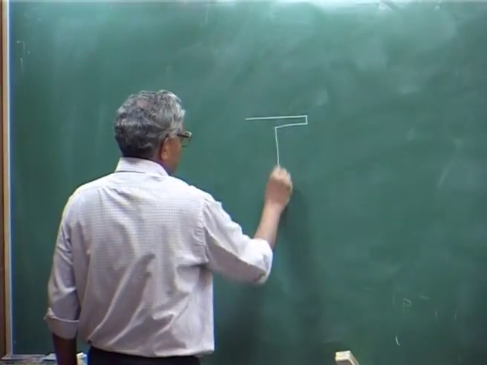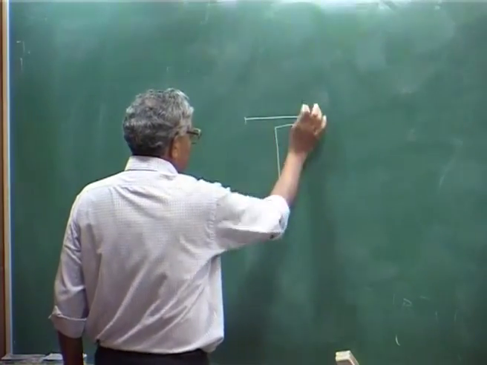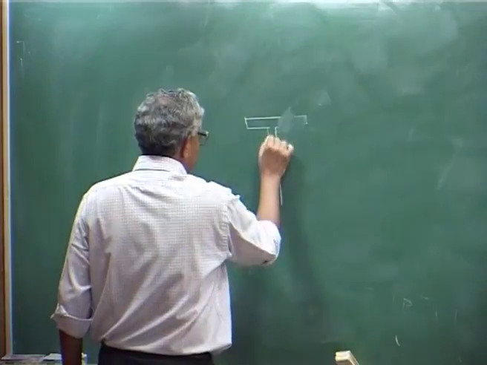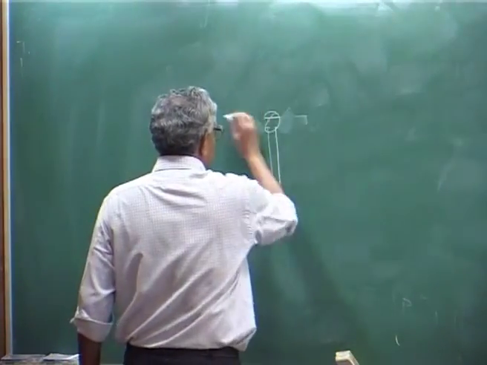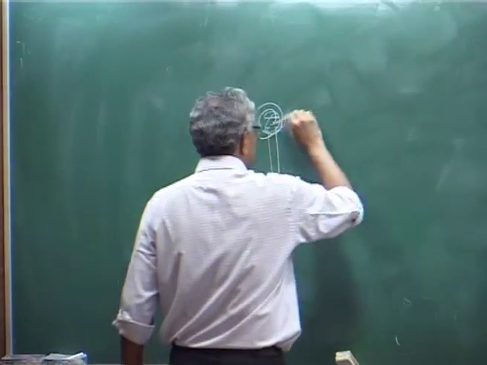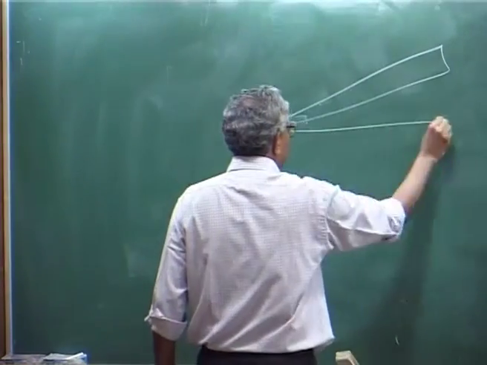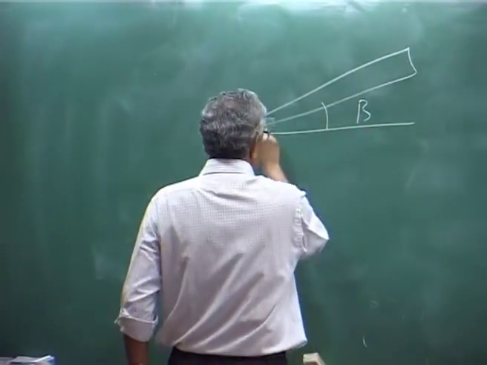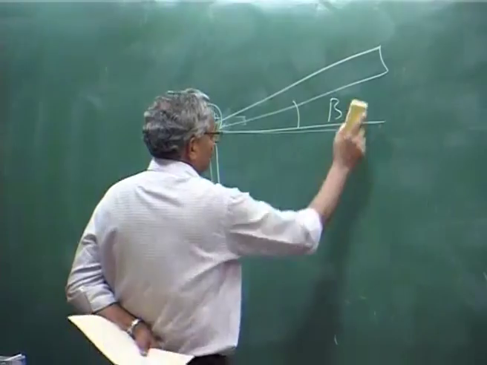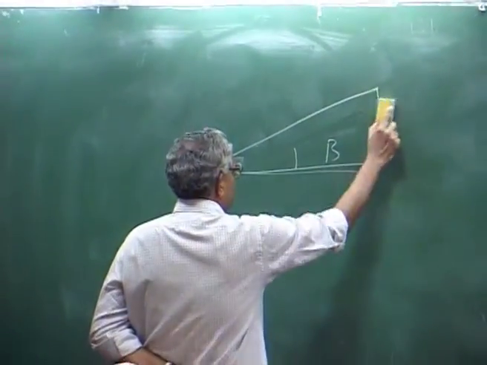Our model is a centrally hinged blade with a spring. This is beta.